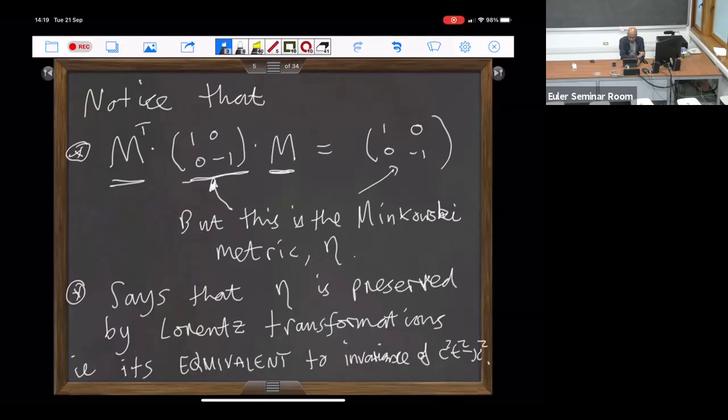Okay? So what this equation says is that eta, the Minkowski metric, is preserved by Lorentz transformations. So in other words, this equation is equivalent to Lorentz invariance, which in 1+1 dimensions is just invariance of the interval.